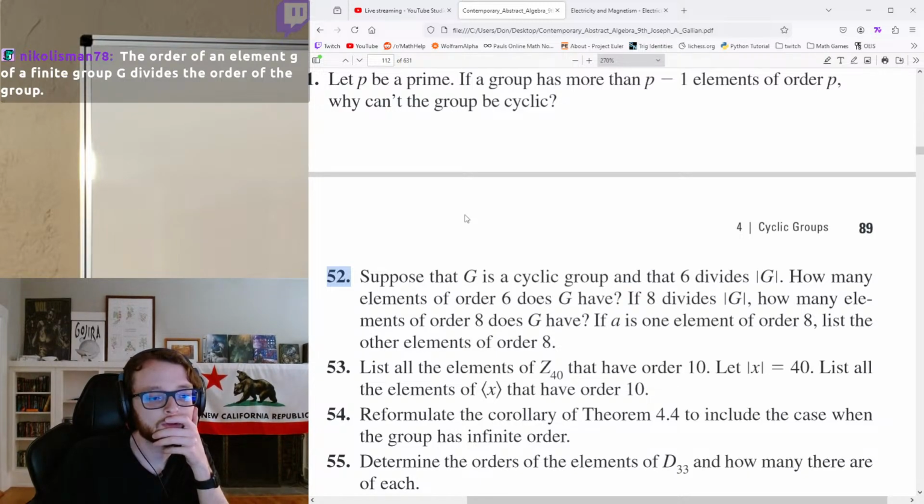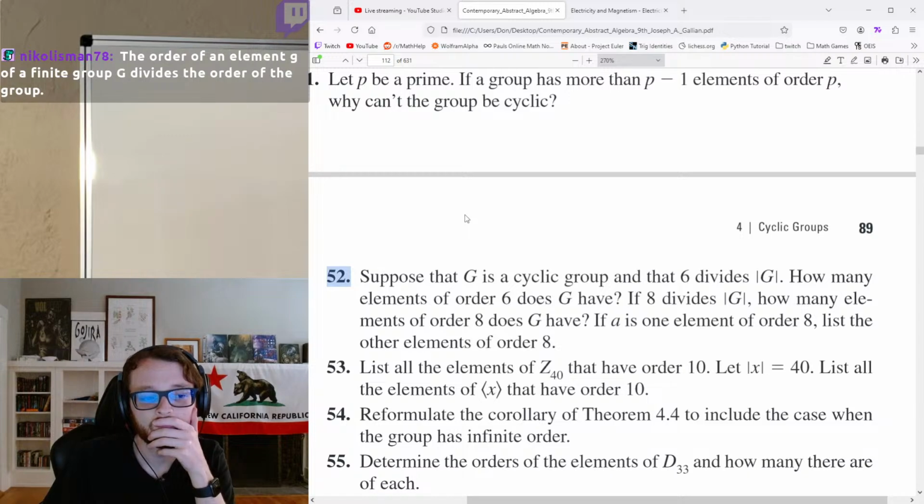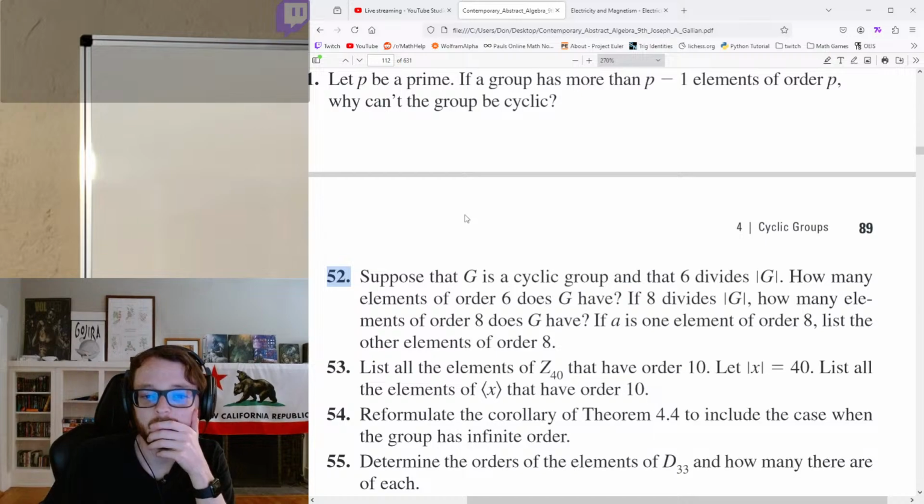The order of an element of a finite group G divides the order of the group. How many elements of order 6 does G have?